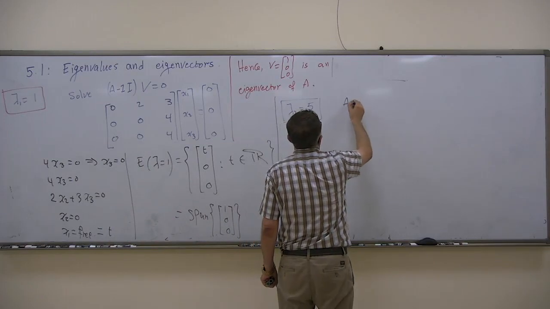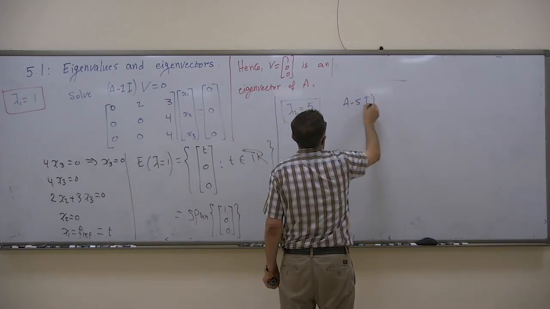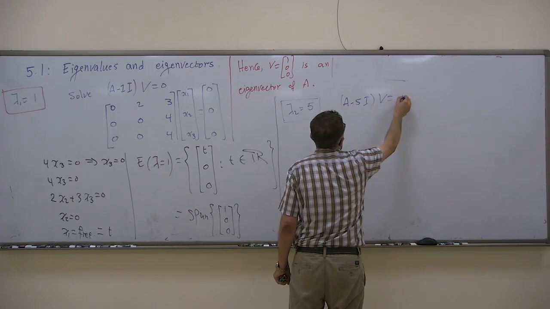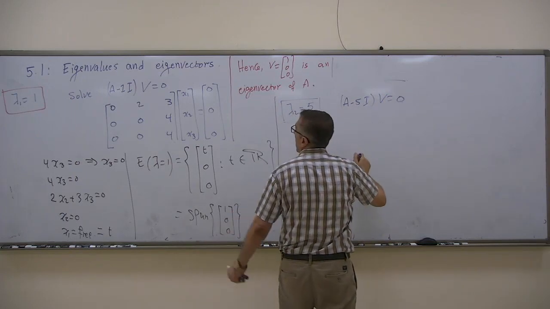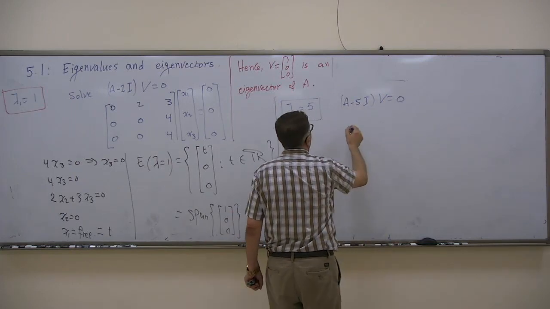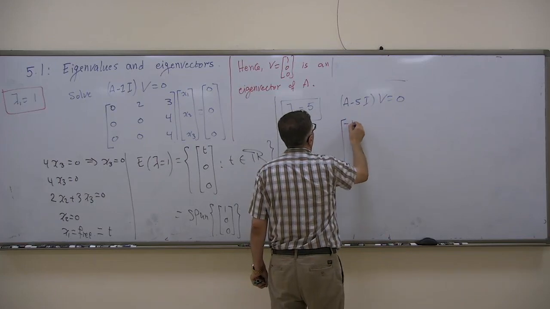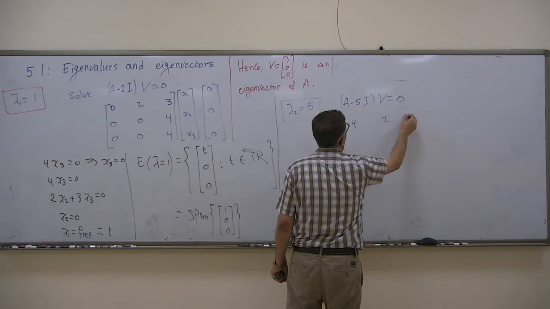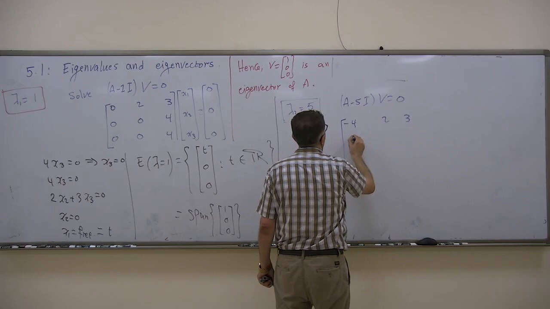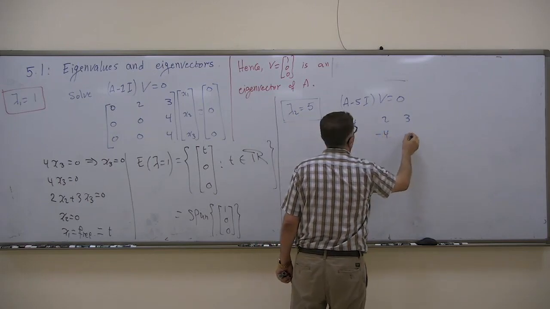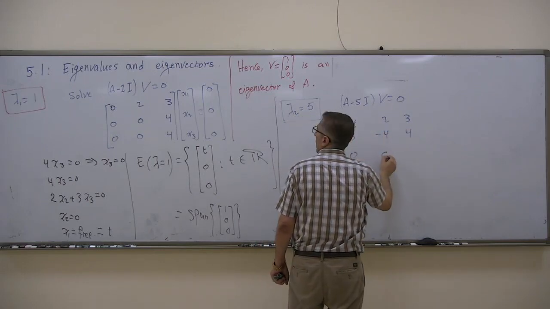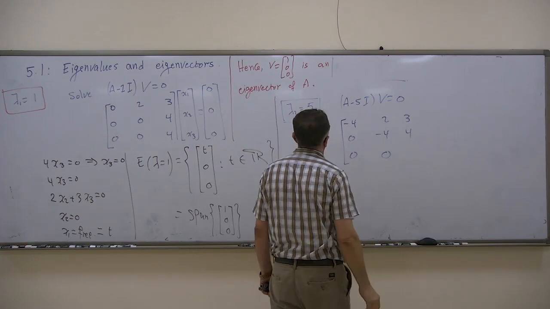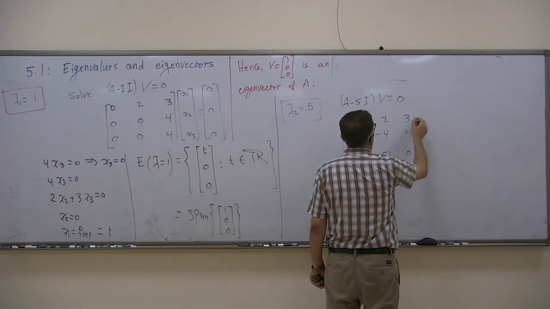We have A minus 5I, v equals 0. And in this case, what you get? You get negative 4, 2, 3, here 0, here negative 4, here 4, 0, 0, and here 5 minus 5, that is 0.